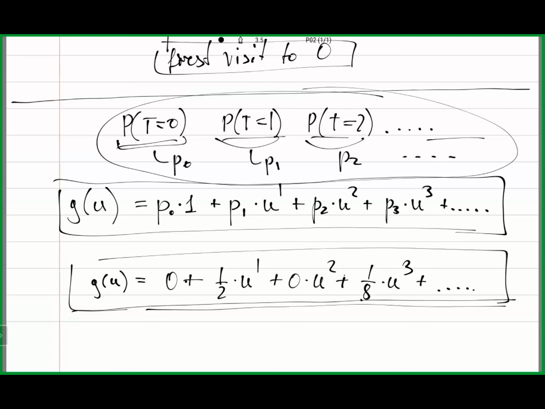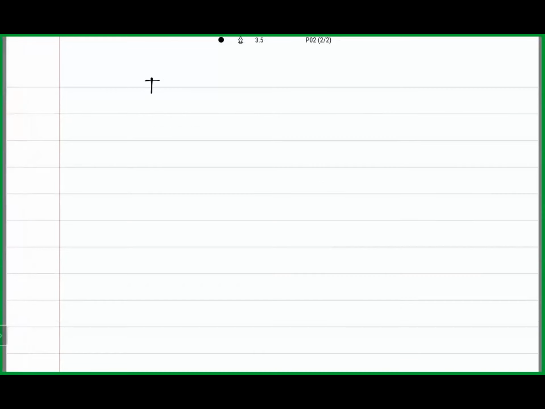Okay. So I will add a meaning to this function and make it more meaningful. Honestly speaking, this function g of u is the expected value of u power t. How is expected value calculated? You multiply the value by the probability. These are values of t: 0, 1, 2, 3, 4, 5, 6, 7.